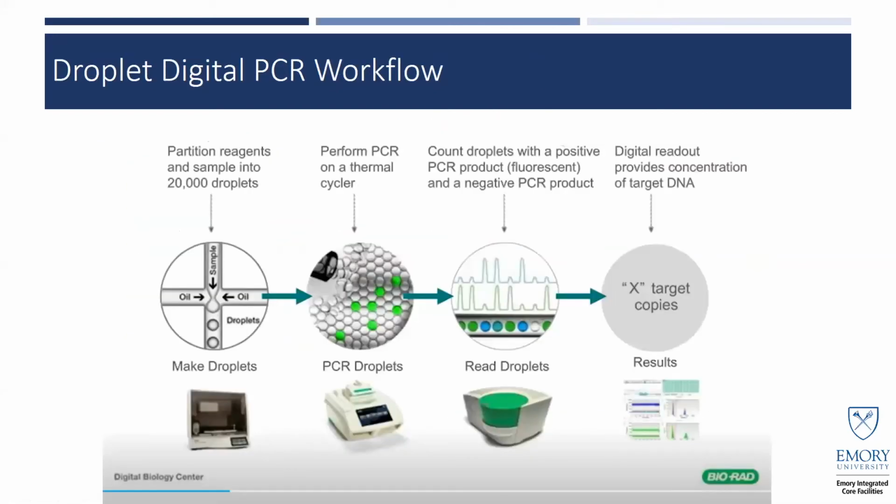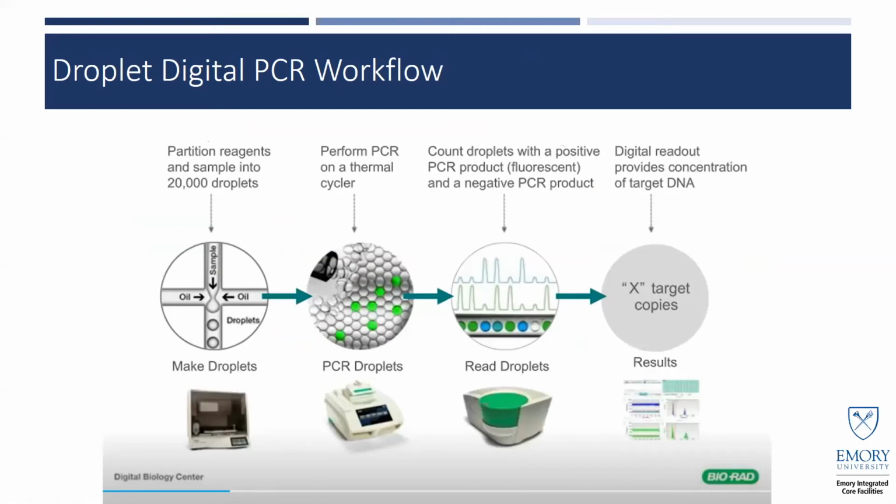So this really cool technology is basically like regular PCR, but instead of just having one PCR reaction or tube, it takes your PCR sample and disperses it into droplets, about 20,000 droplets per tube.